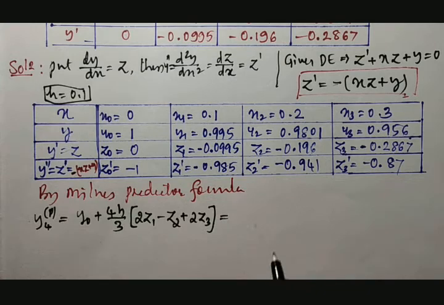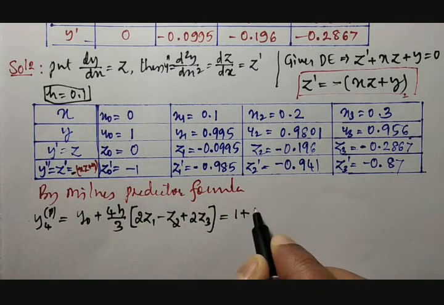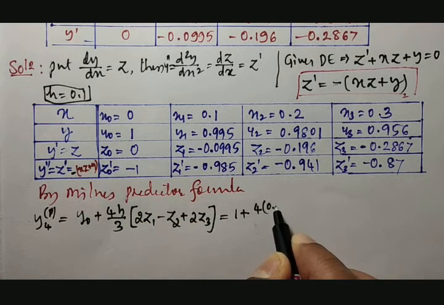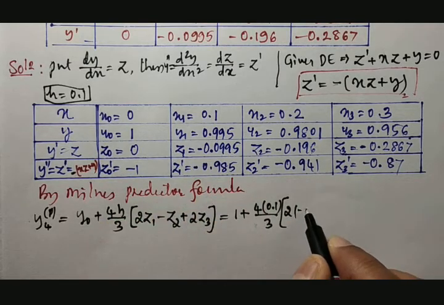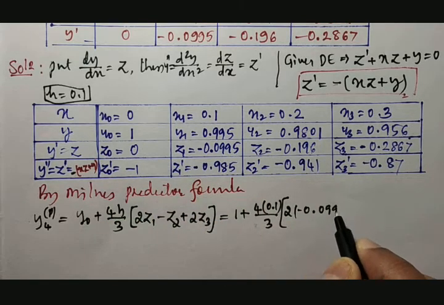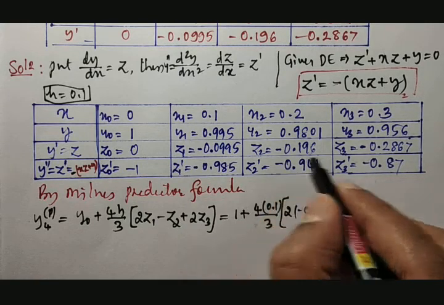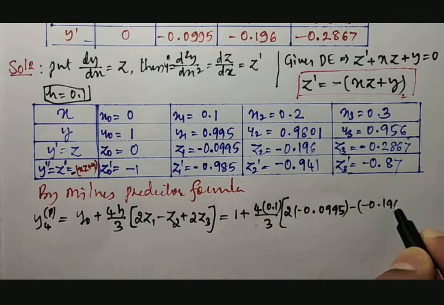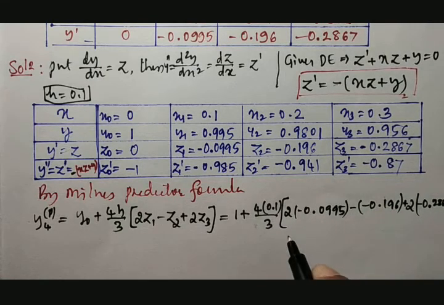So this is equal to y0 is 1 plus 4 into h, 0.1, divided by 3, that into 2 times z1, which is minus 0.0995, minus z2, what is z2? Minus 0.196, plus 2 times z3. What is z3? Minus 0.2867.